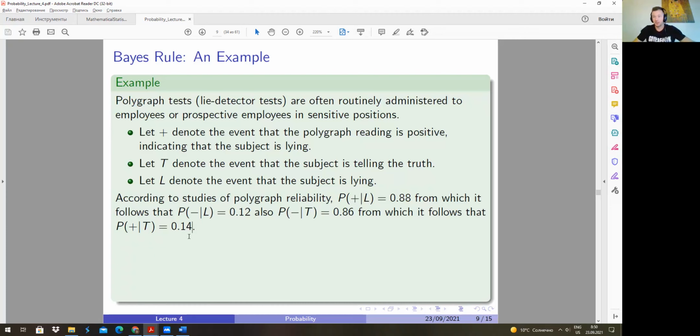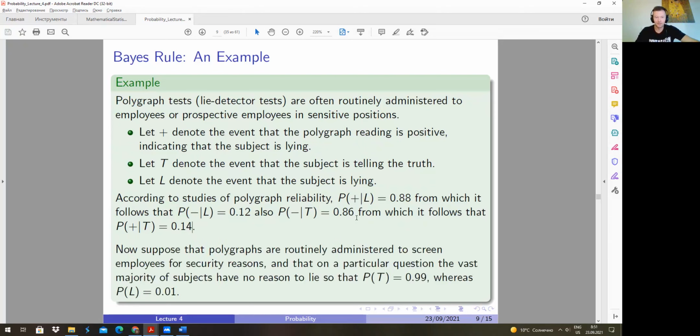But occasionally machines are not perfect, so that's why it's only 88% when the person lies that the machine shows you a positive result. And in 86% of the cases the machine tells you a negative result when the person tells the truth. So I think you are able now to build this contingency table somehow, or probably not yet.